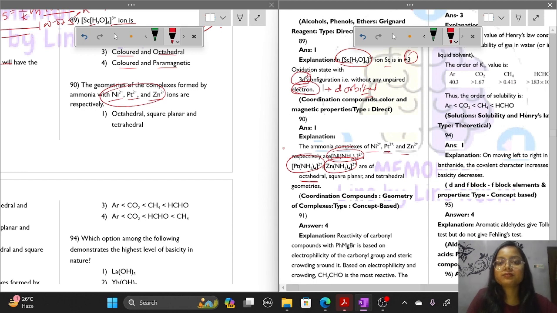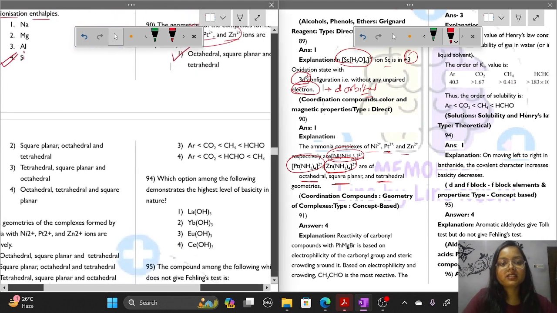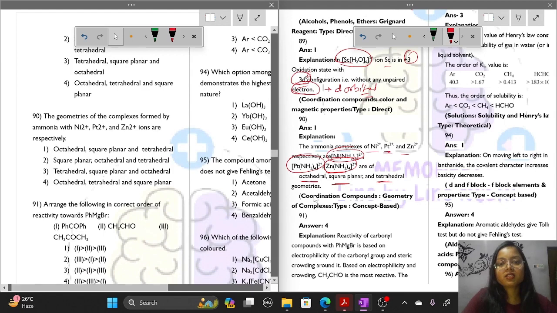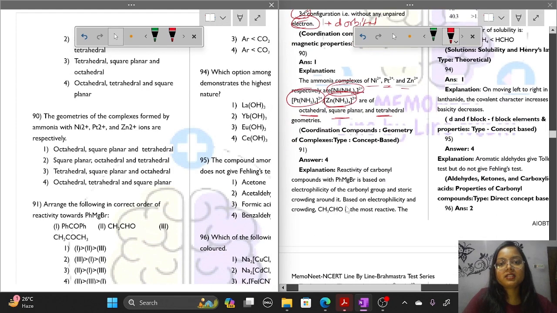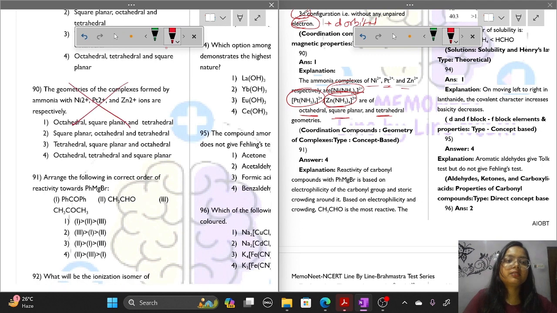For platinum, the geometry will be square planar, and for Zn, the geometry will be tetrahedral. Option number 1 will be the correct answer. Question number 90 is repeated twice.